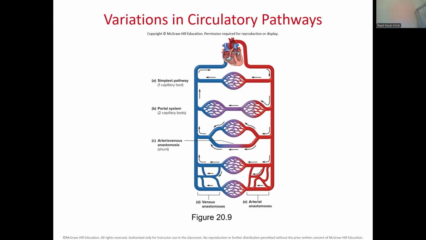Sometimes you fuse with one another without having to go to any grand station. Why is that useful? That's in the palm and the fingers. Because in the palms and the fingers, you don't want blood going to the corners of your palms because it's very cold outside. Heat is going to go from an area of high heat concentration to an area of low heat concentration.